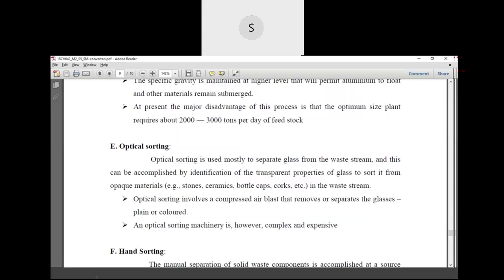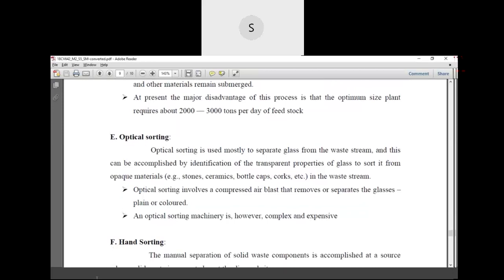Optical sorting involves a compressed air blast that separates the glass from the other waste, whether it is plain or colored. Optical sorting machinery is, however, complex and a little bit expensive.